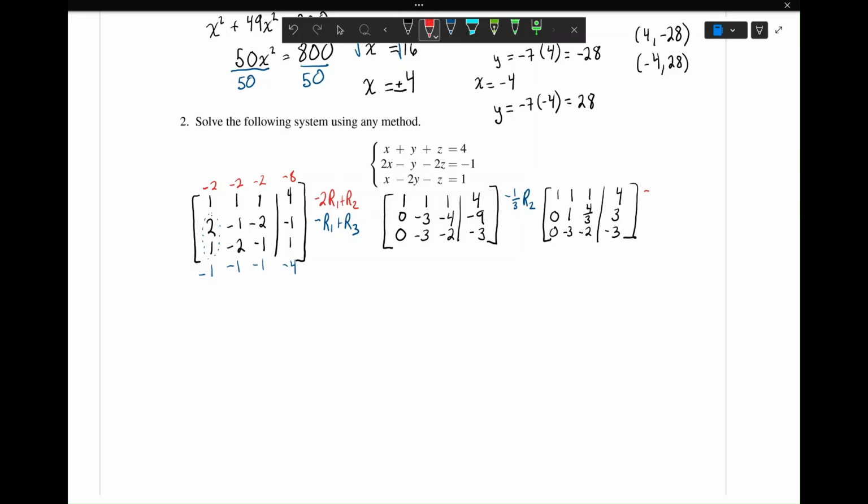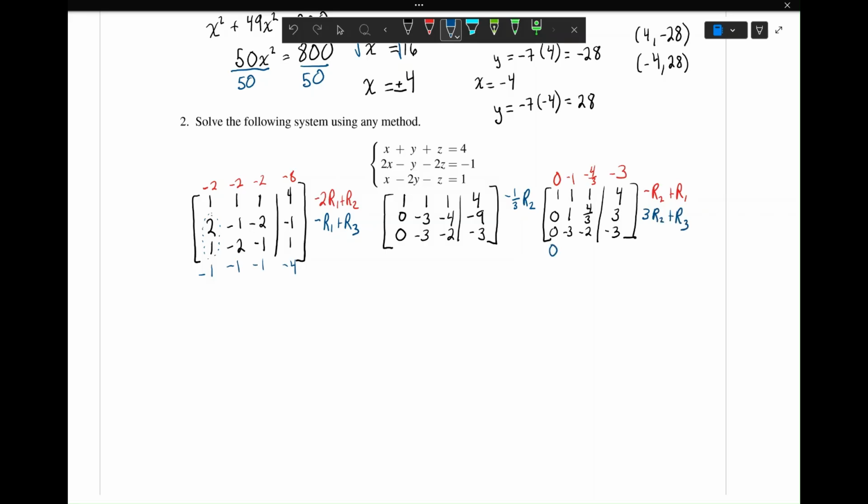So I'm going to do negative row 2 plus row 1. And I'll write those numbers up here. -0 is 0. -1 times 1 is -1. I have a -4/3. And then a -3 here. And then I'm going to do 3 row 2 plus row 3.